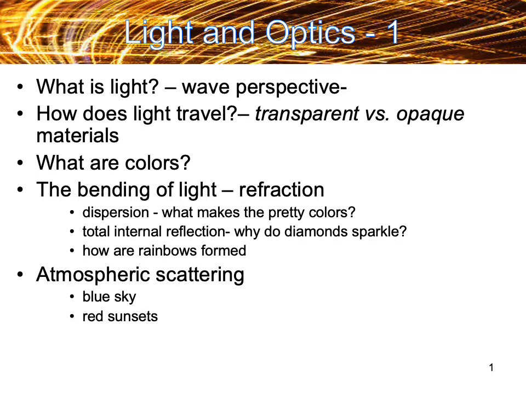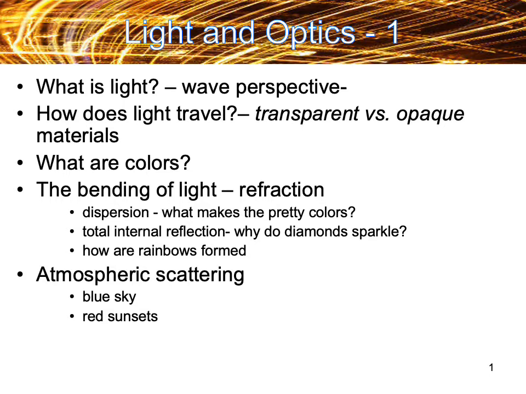And then atmospheric scattering, how atmosphere interacts with the light. Light can be either absorbed or rescattered, re-emitted by the atmospheric molecules. So that's why the sky appears to be blue during the day.